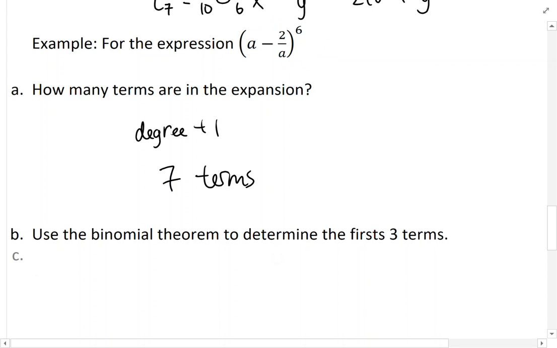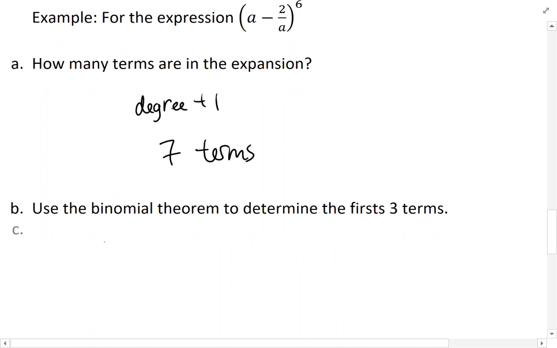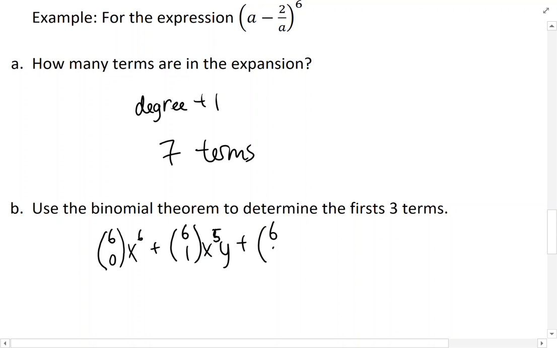For the first 3 terms, the first one is going to be, the coefficient is 6C0, x^6. The next one is 6C1, x^5, y^1, plus 6C2, x^4, y^2, right?